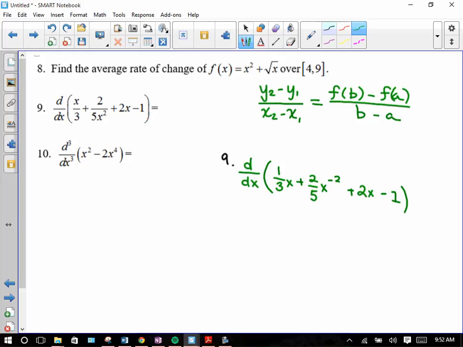We're going to go around the table, starting with Michelle, then Shamara, then Akira, then we'll go back down. Michelle, what is the derivative of 1/3 x? 1/3. Shamara, what about right here? 2/5 x to the negative 2.